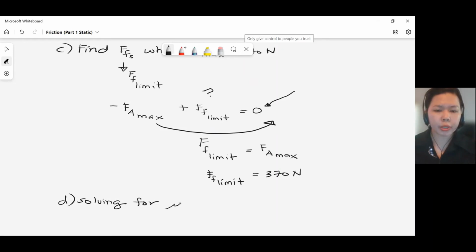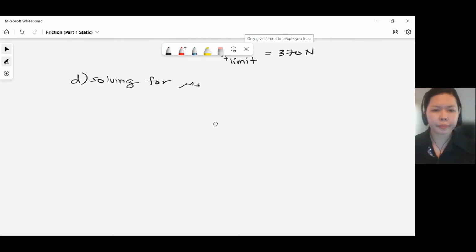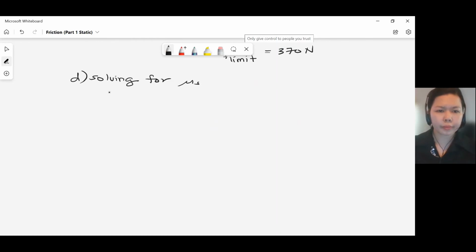Solving for mu s, the coefficient of static friction, and the equation for this is equation 4.2.